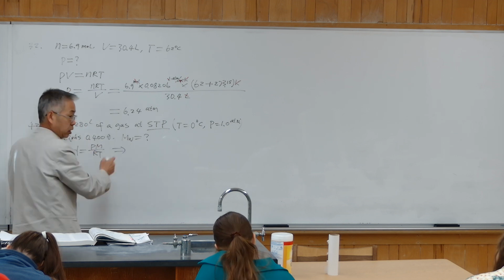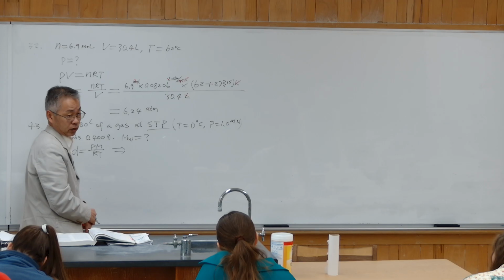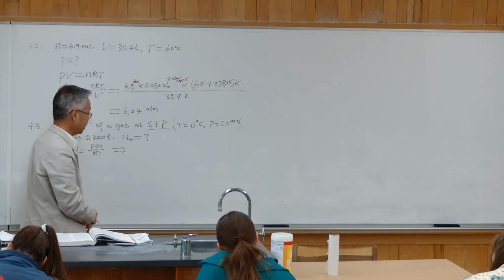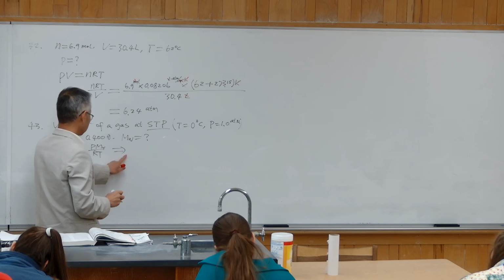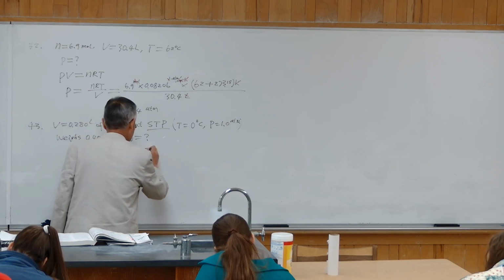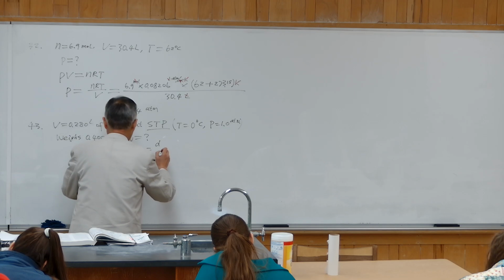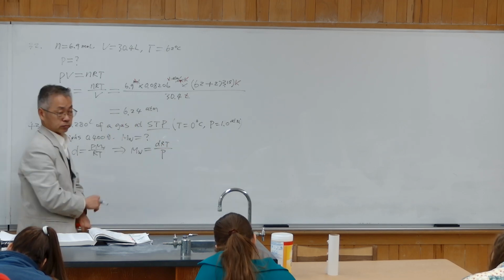Here we use MW because in chapter 3 we use M as the molar concentration, right? So MW is molar mass. Then from here we can rewrite, so molar mass should be D times RT divided by P, right?